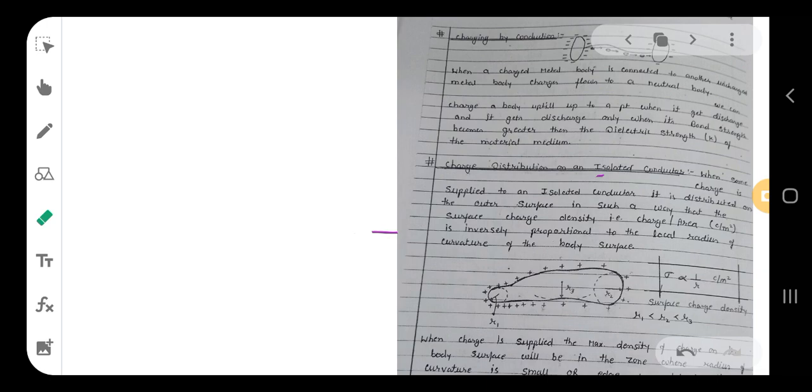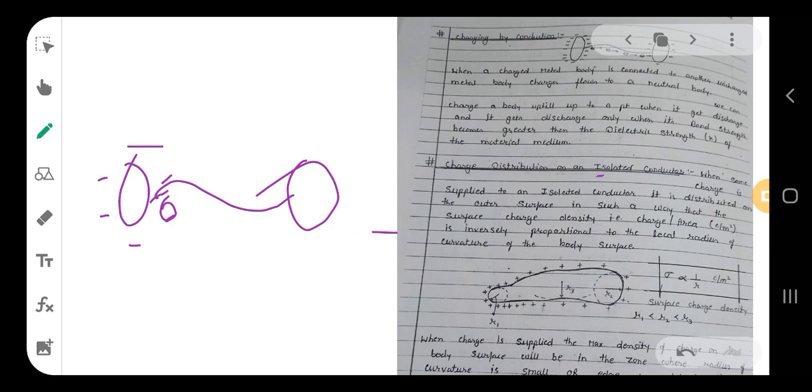Suppose this is a negatively charged body and this one is another uncharged body; the electrons will flow into this when the two metals are in contact with each other. So this is the method of electrification by conduction.